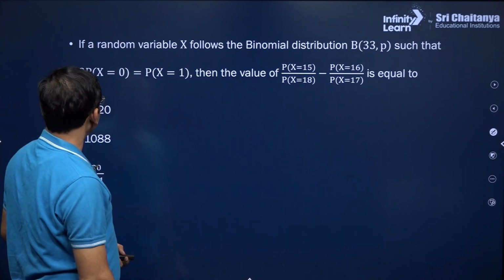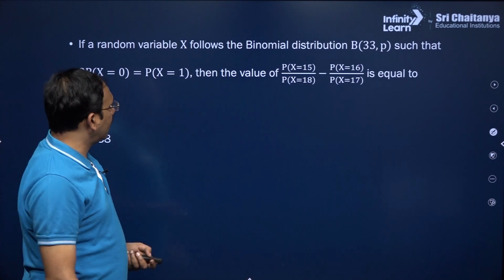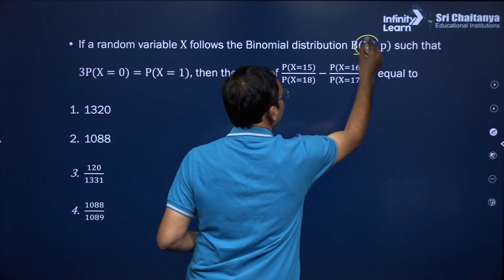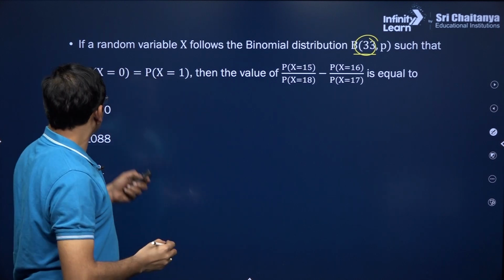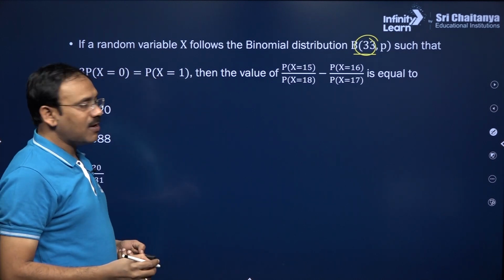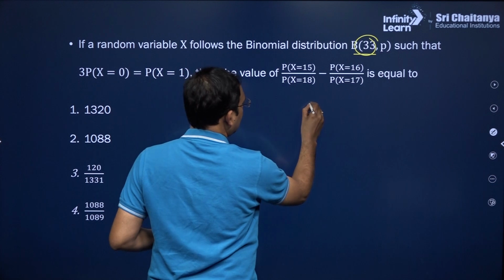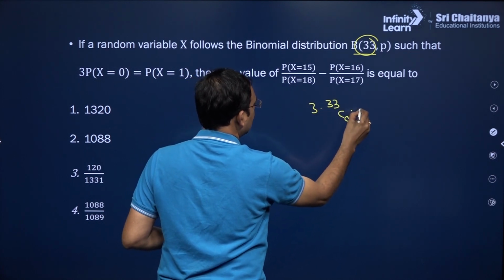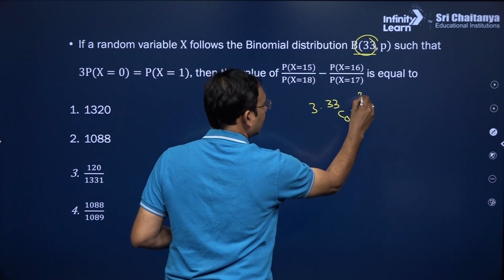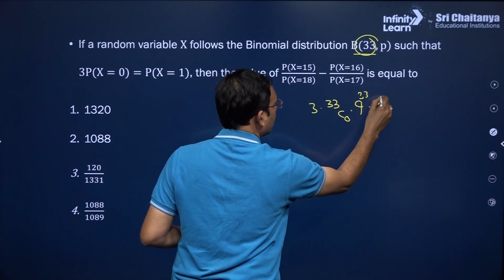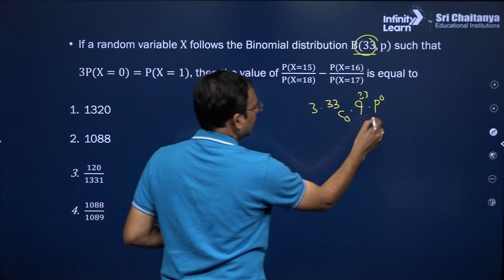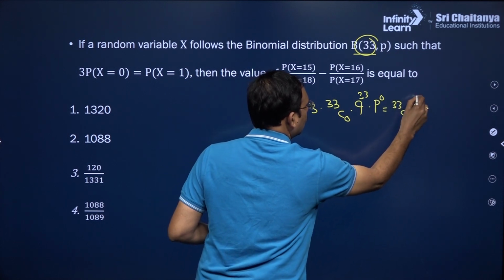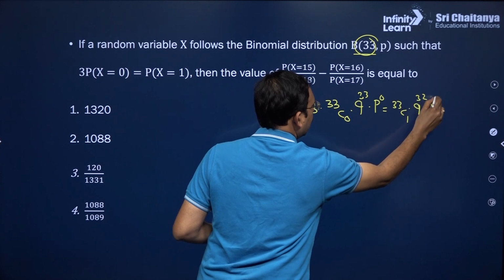Next question. In a random variable x, the binomial distribution is 33 comma p, meaning n value is 33, my dear friends, such that 3 times P of x equal to 0 equals P of x equal to 1. That stands for 33C0, q to the power of 33 and p to the power of 0, and P of x equal to 1 is 33C1 into q to the power of 32 into p to the power of 1.